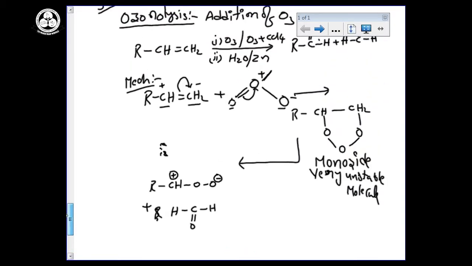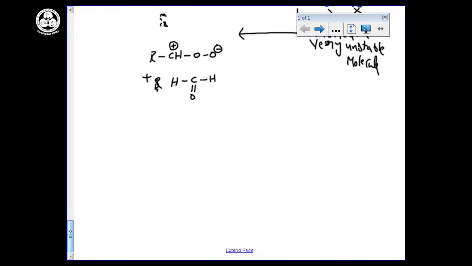It will be broken like this. The molecule can be broken like this, and it can form one formaldehyde and another molecule like this.